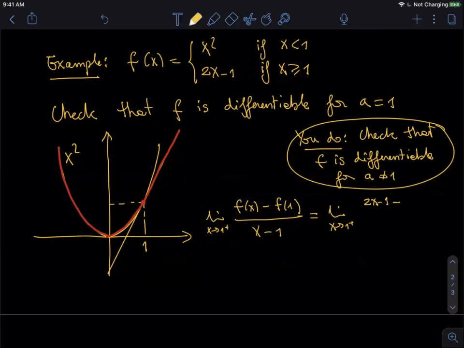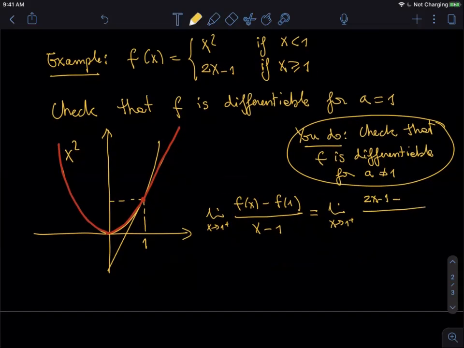And then minus f of 1. For f of 1, we check here: x less than 1 strict, x bigger or equal than 1. So this is the formula we use for x equals 1. So when x equals 1, this is 2 minus 1, that makes 1. So this is 2 times 1 minus 1, divided by x minus 1.